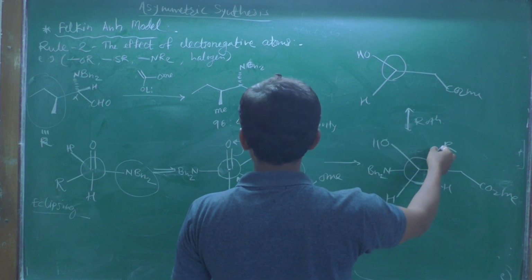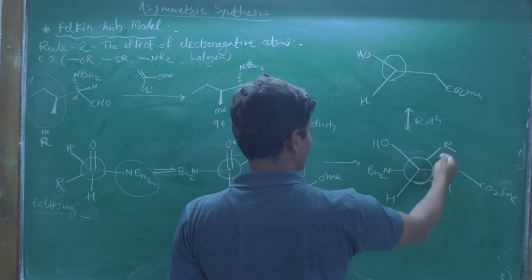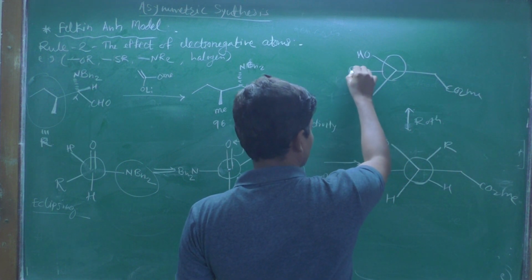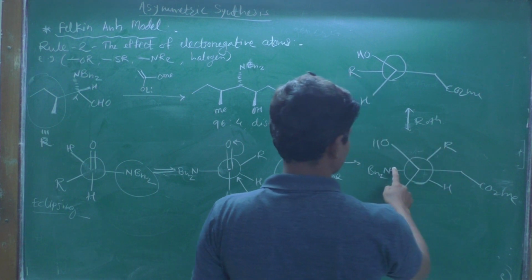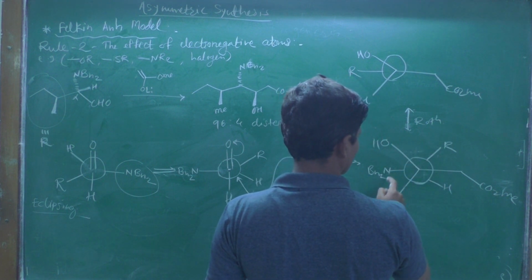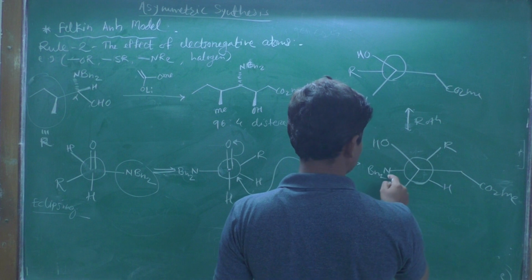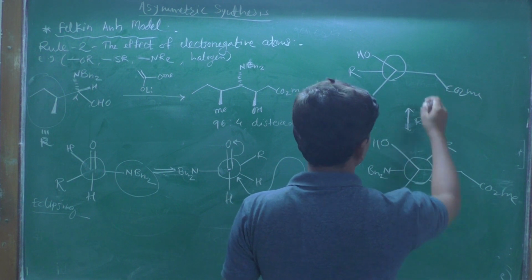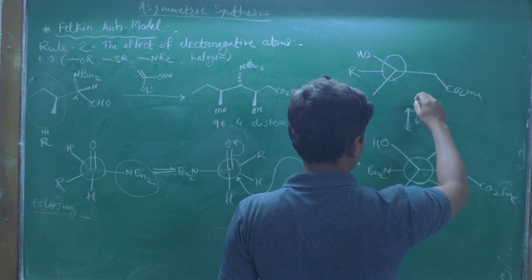Now the R group, keep it in the plane of the molecule. So this is R. Okay, so that's why the R group comes here. Then this dibenzyl tertiary amine group will come here. Hydrogen will go here.